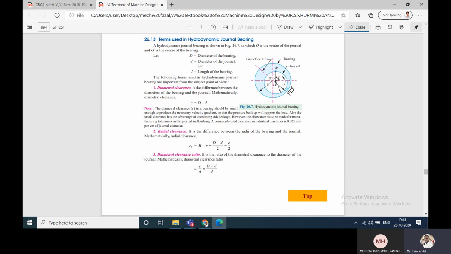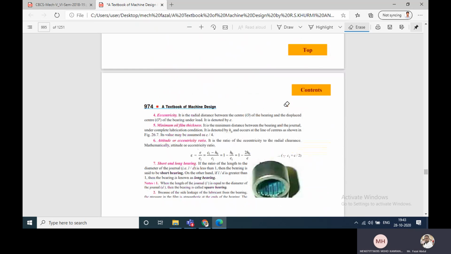Such a thickness is known as the minimum oil film thickness, denoted by small h naught. And the practical value of h naught is C by 4.